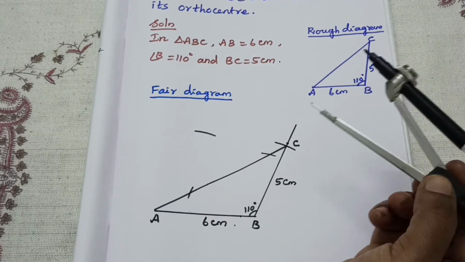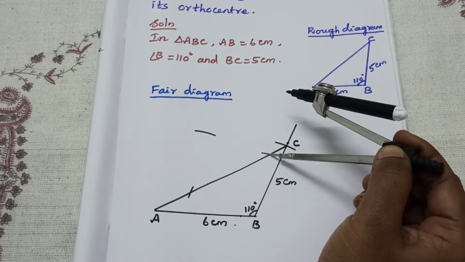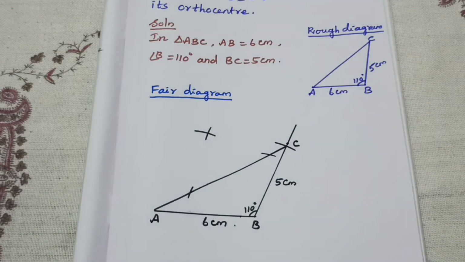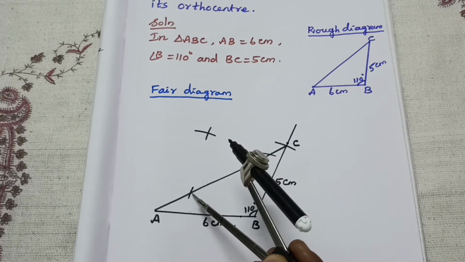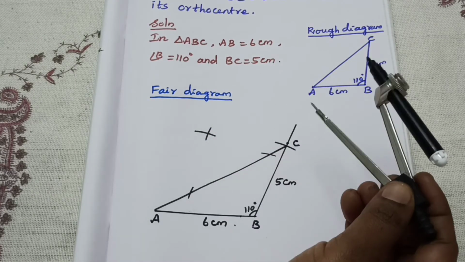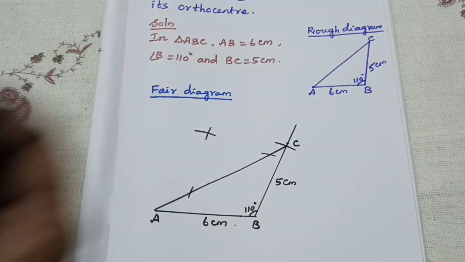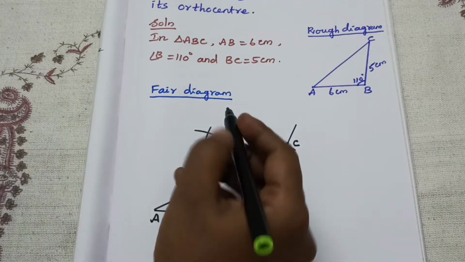Like that, here we got one arc, isn't it? From here, we have to draw. Very clear? From this point, draw one arc, then from this point draw another arc. At the intersecting point of these two arcs, we get one point.